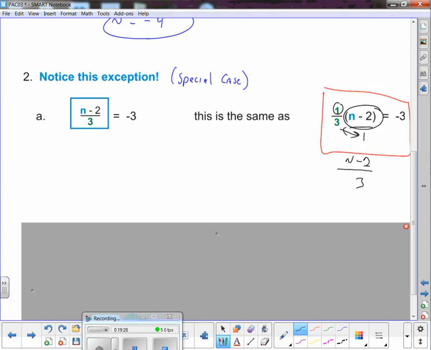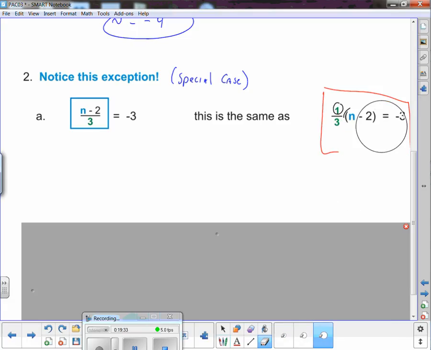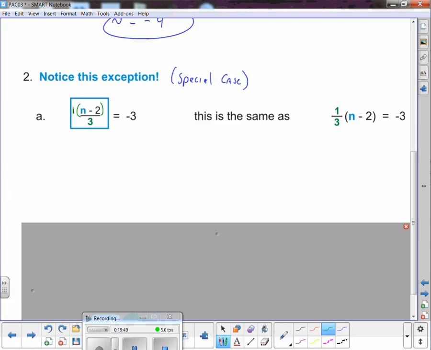Again, I know that's hard for you guys to visualize, but it is the case, and it is what it is. So if you had a 1/3 times an n minus 2, what we want to do on the special case is we have to look at this as a 1/3 times an n minus 2.